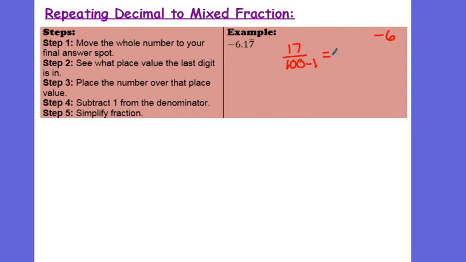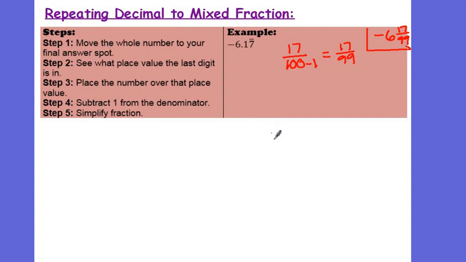Then I get 17 over 99. And 17 is a prime number, so that can't be divided. So my equivalent fraction here would be -6 wholes and 17 over 99. So that would be the same as this here.